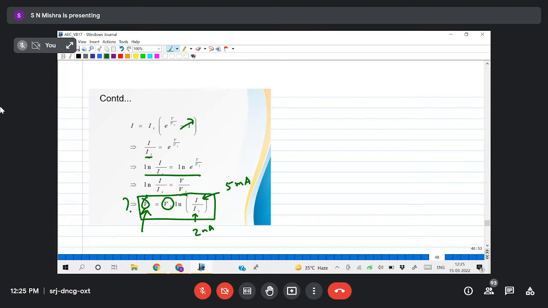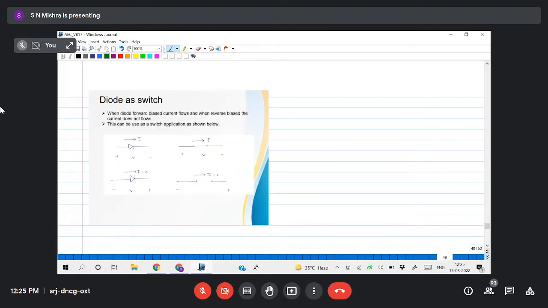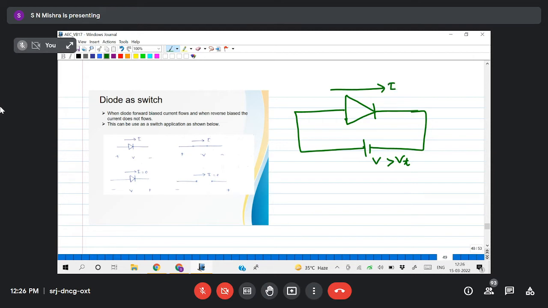I'll give 3 questions here to solve. Now we'll see how the diode acts as a switch. Already we have seen the diode symbol is like this, and when the diode is connected with positive voltage greater than Vt, then current I is flowing.